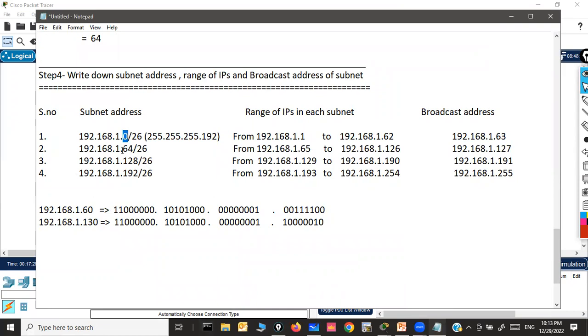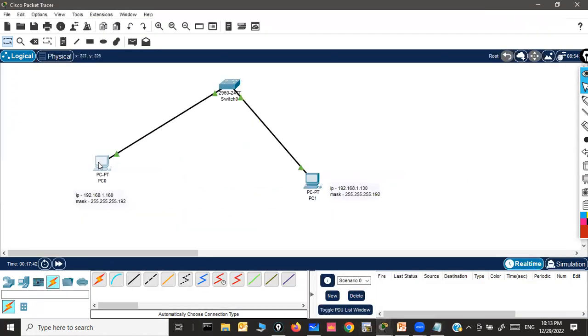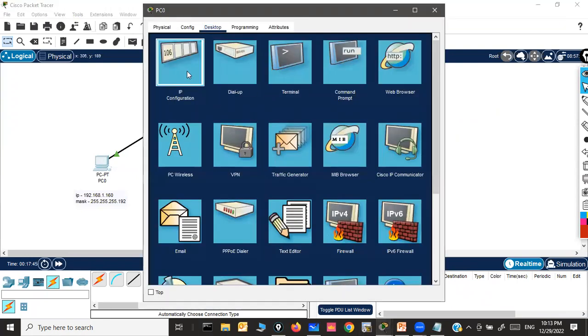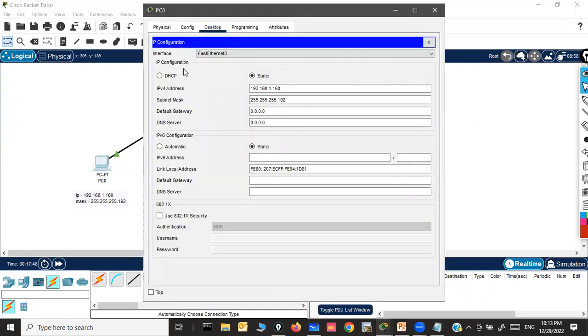And obviously the next subnet is starting at 64, so we may go up to 63, but 63 is the last address, so it is reserved, right? And even if we try to assign 63, or any last address from the same range, we will probably get an error message here.